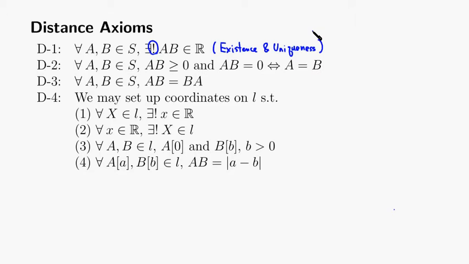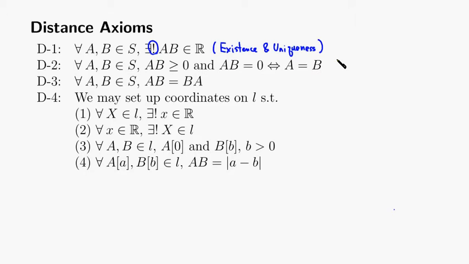D2 says that for all A and B, the distance has to be non-negative. We don't want the distance to be negative, and the distance is 0 if and only if those 2 points are identical.